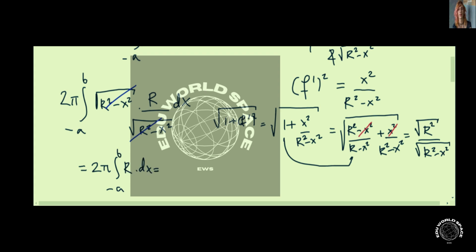Since those are constant, it will be 2 pi r times the integral of dx, but the integral of dx is just x evaluated at two endpoints, so b minus minus a, and then we have the r there, so we obtain 2 pi r times a plus b.